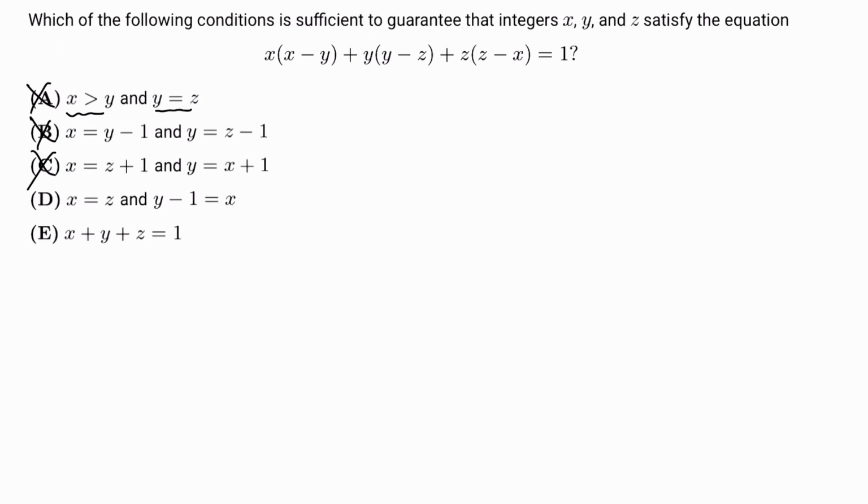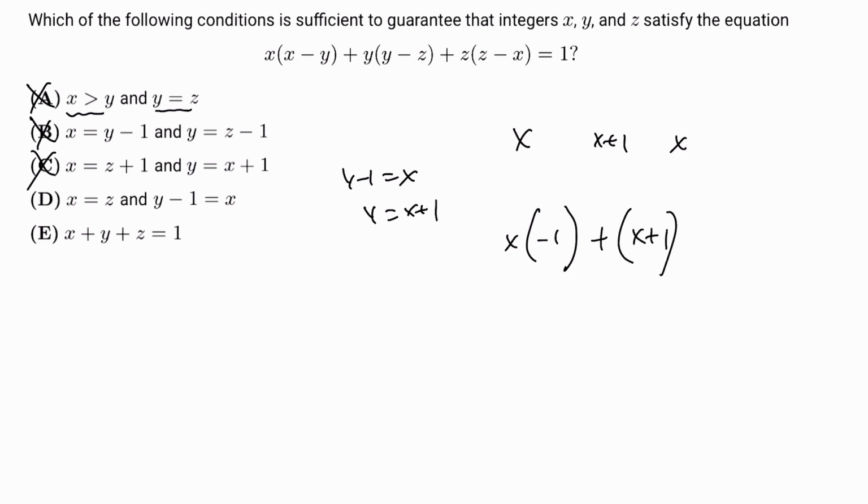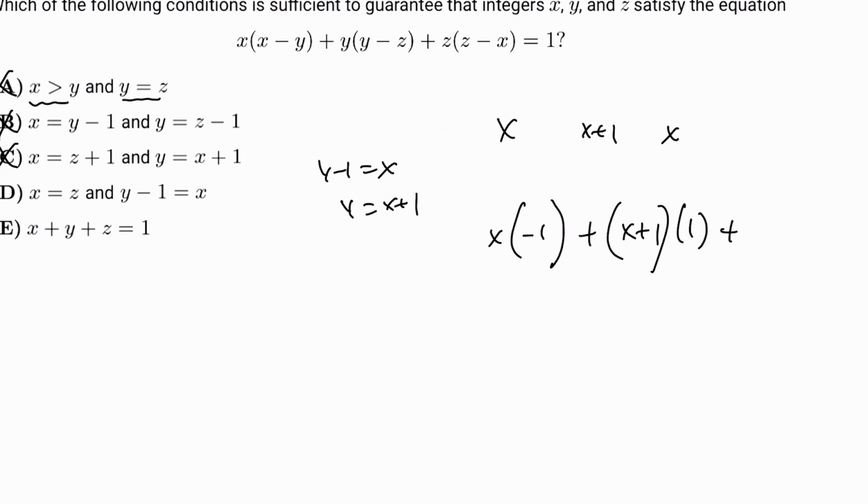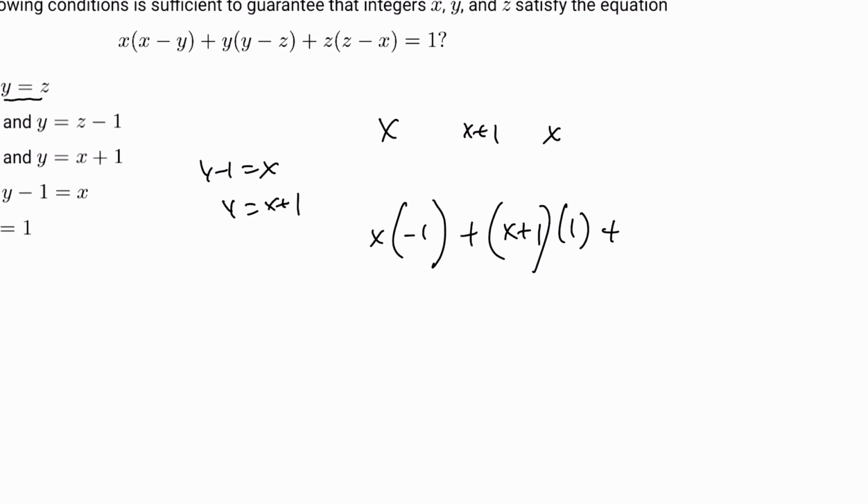Now D: x is equal to z and y minus 1 is equal to x. If x is equal to z, and y minus 1 is equal to x, we get y is equal to x plus 1. The expression gives us x times (x minus y), that will be negative 1, plus y times (y minus z), that will just be 1, plus z times (z minus x).